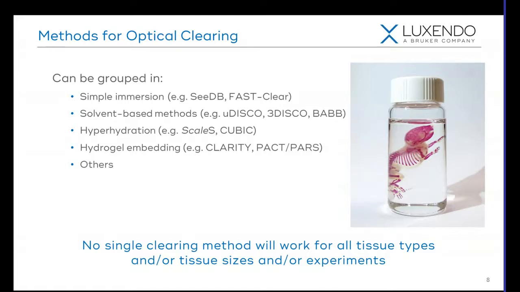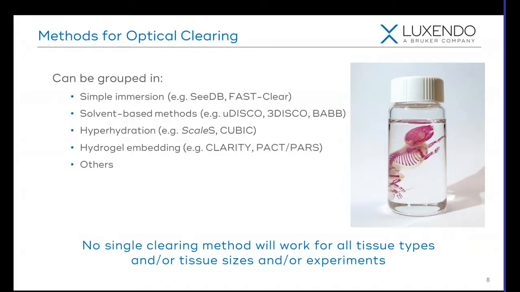There's organic solvent-based methods like microdisco, 3-disco, and BAB, which use these harsh organic solvents to remove the lipids and a refractive index matching afterwards. Hyperhydration, which uses a little bit gentler solvents like SDS and refractive index matching afterwards.